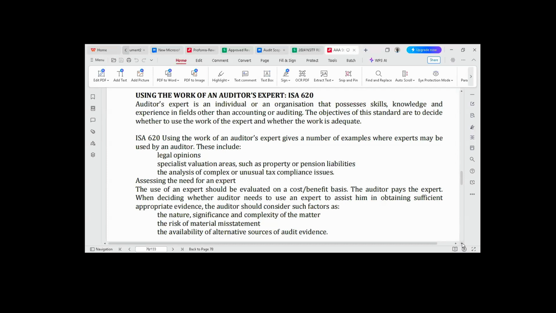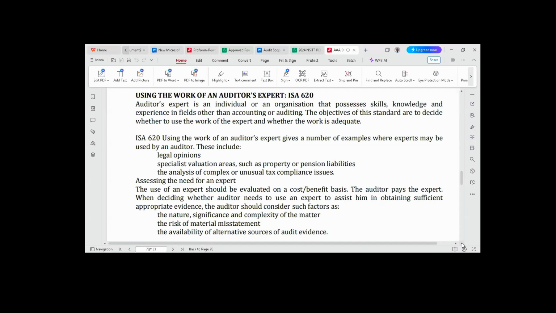And in the course of trying to get the experts on the engagement, there are certain things you need to consider. Number one, you need to consider the nature, significance, and complexity of the matter. Two, you need to look at the risk of material misstatement.